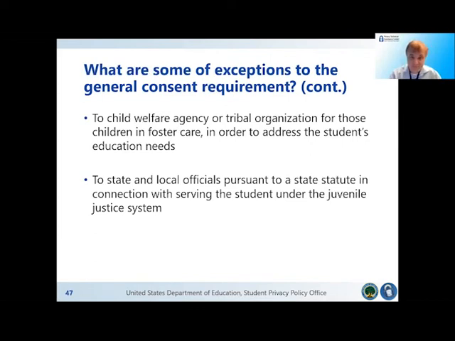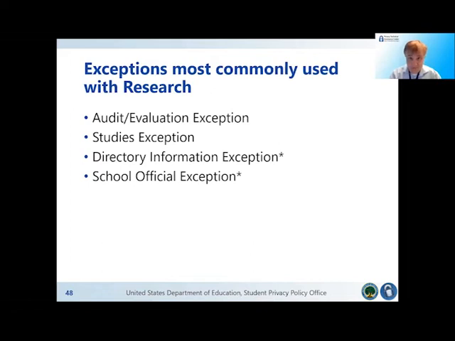But typically, when we're talking about researchers, individual data with data sharing agreements are fantastic, and in most exceptions, they are required. But typically when we're looking at researchers, there are 4 potential exceptions that could come into play: the audit evaluation exception, the studies exception, the directory information exception, and the school official exception.